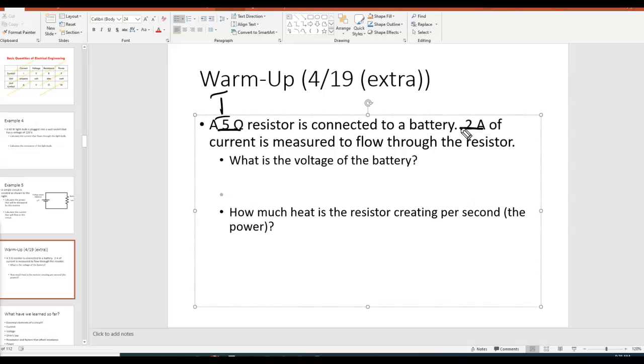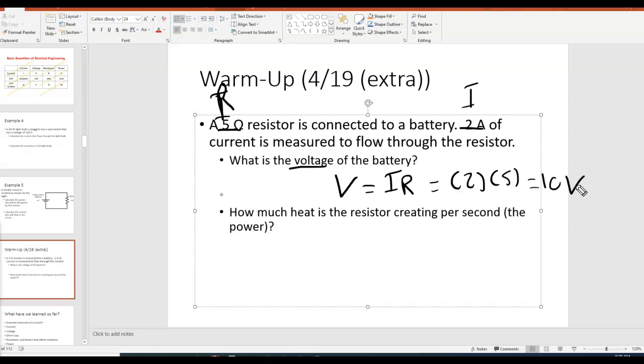Okay, so I'm just going to do this really quickly. This is R, this is I, voltage is V, so V equals I times R. That's going to be 2 times 5, which is 10 volts.